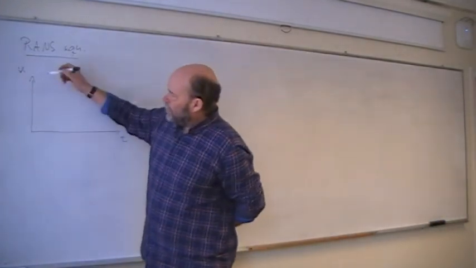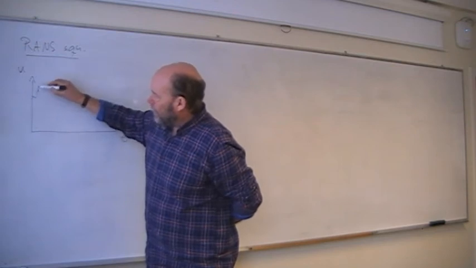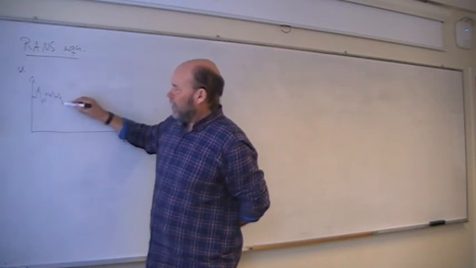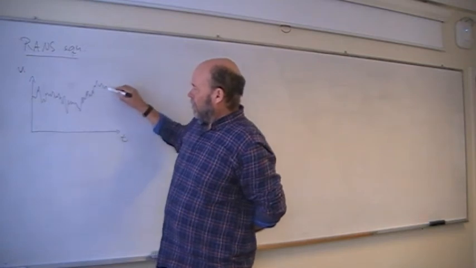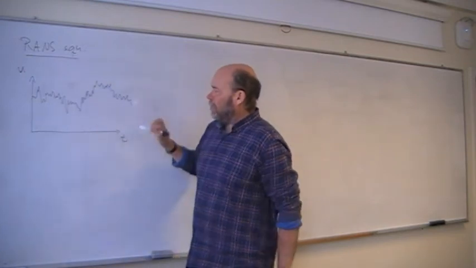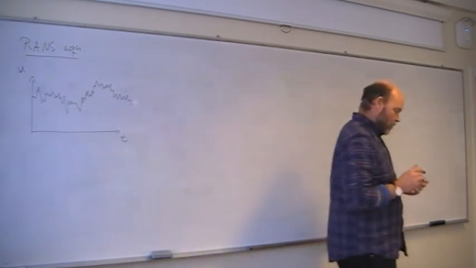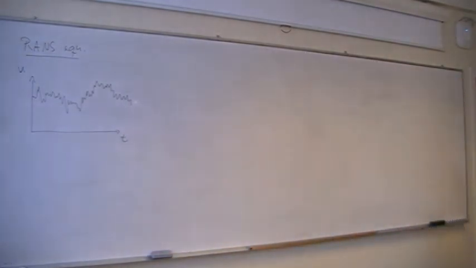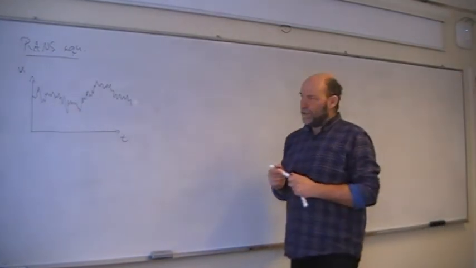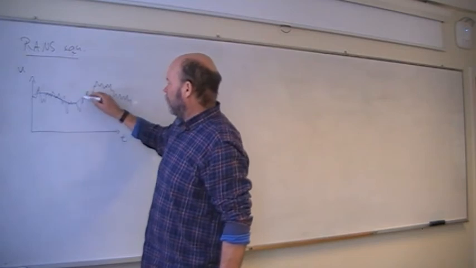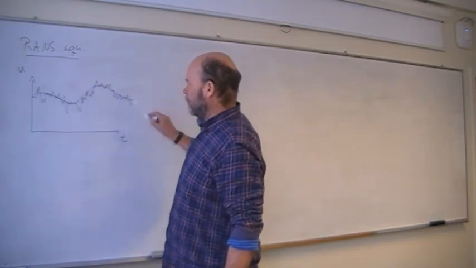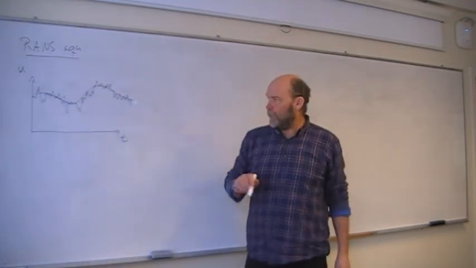Never mind that, the real velocity can go something like this. It can behave rather fluctuating, and typically we will not be interested in all this noise. We will be interested in the average velocity. This is what I am interested in.